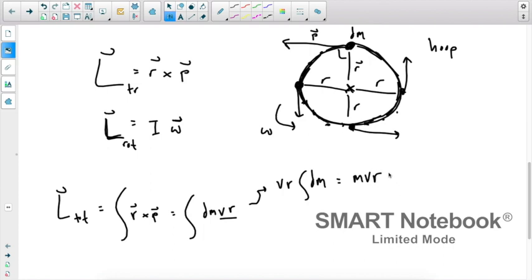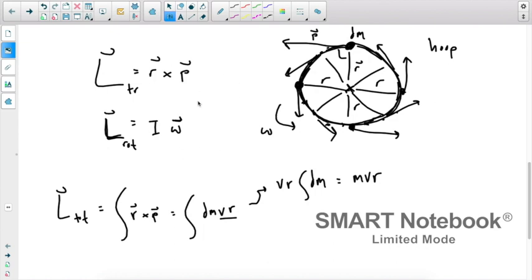That would be like the total translational momentum of each of the pieces as they rotate, which is what rotational angular momentum is. It is the sum, the total, the integral of all of these little mass pieces doing their tangential thing. They each have their own translational angular momentum relative to the axis of rotation.